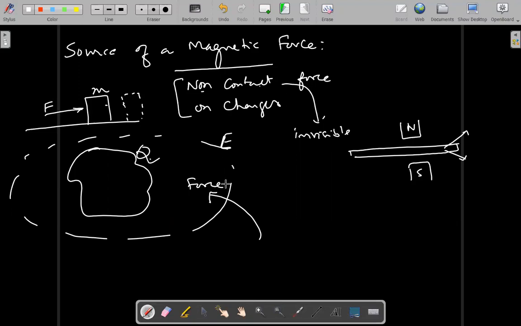That force is F equal to electric field multiplied by Q, or the electric field equals F by Q. This is what we learned in the first chapter.